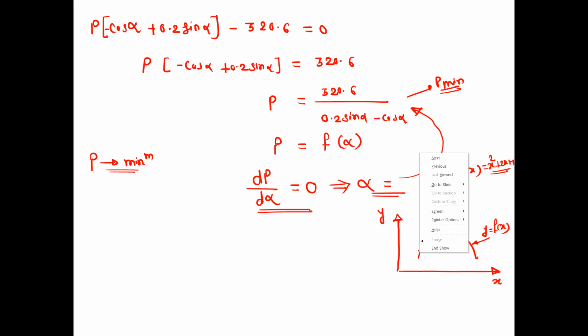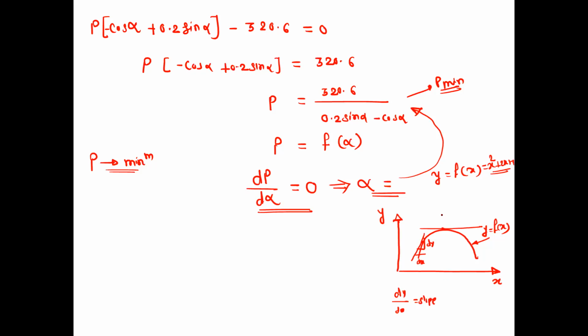So at different points on this graph, if you plot the tangent line, then at the maximum point, the tangent line will be exactly parallel to the x-axis. So the slope of this tangent line is nothing but dy upon dx. So dy by dx is nothing but the slope.